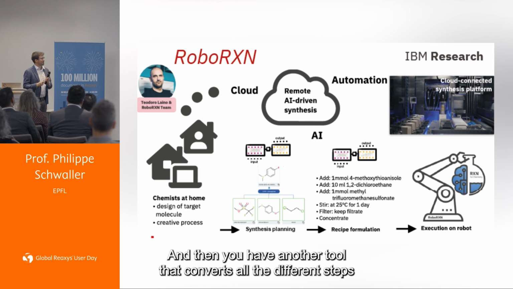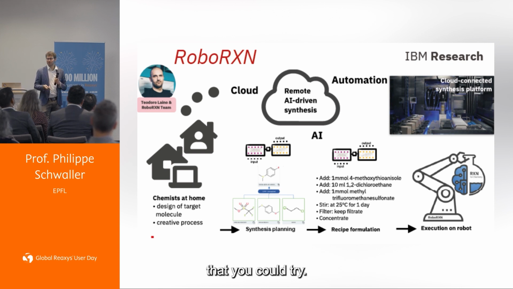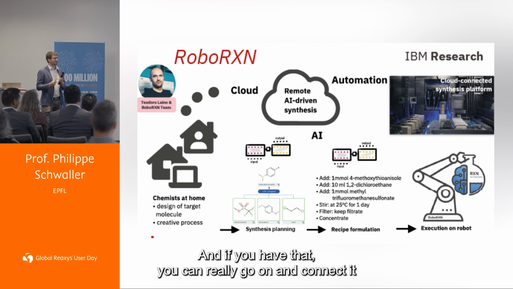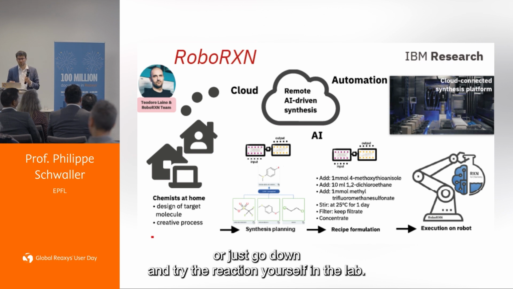And then you have another tool that converts all the different steps that you have in your route and suggests initial conditions that you could try. And if you have that, you can really go on and connect it to a cloud-connected synthesis platform, or just go there and run the reaction yourself in the lab.